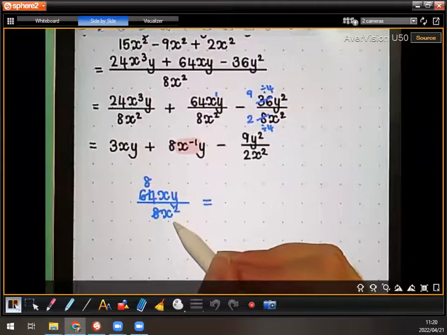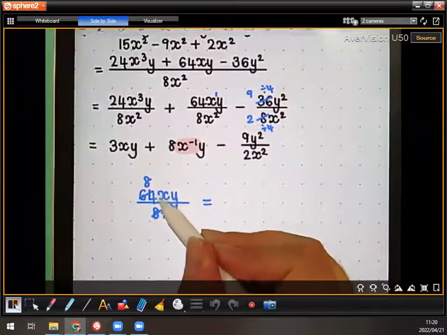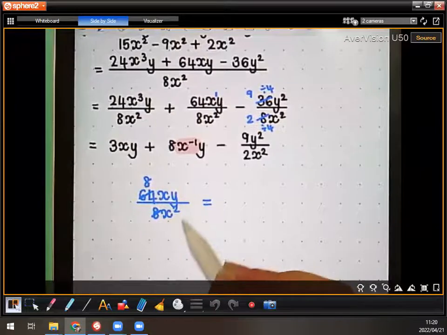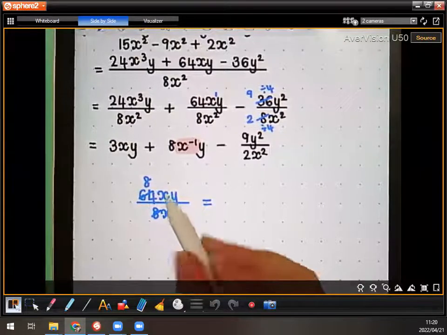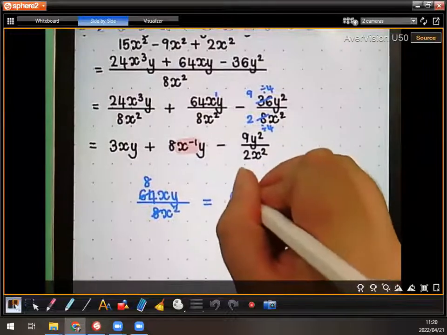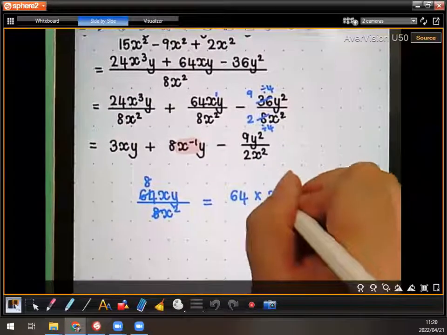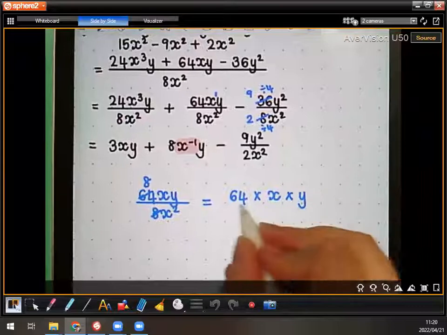X and x squared. Now guys, that means that I have 1 x at the top. How many x's do I have at the bottom? 2 x's, okay? Maybe I should rewrite it like this. Let's do the actual expansion rather, so that you can see it a bit more clearly.